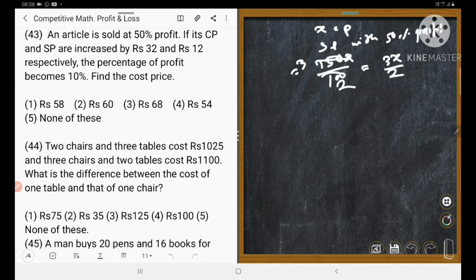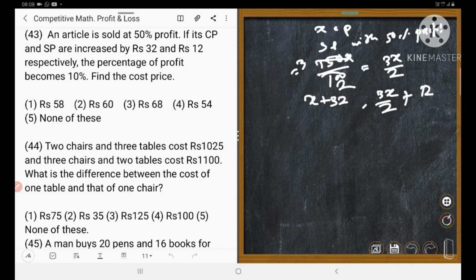As per the question, increase 32 in CP, x plus 32, and increase 12 in the SP, that is 3x upon 2 plus 12. So SP minus CP is equal to what? Profit, 10% profit.